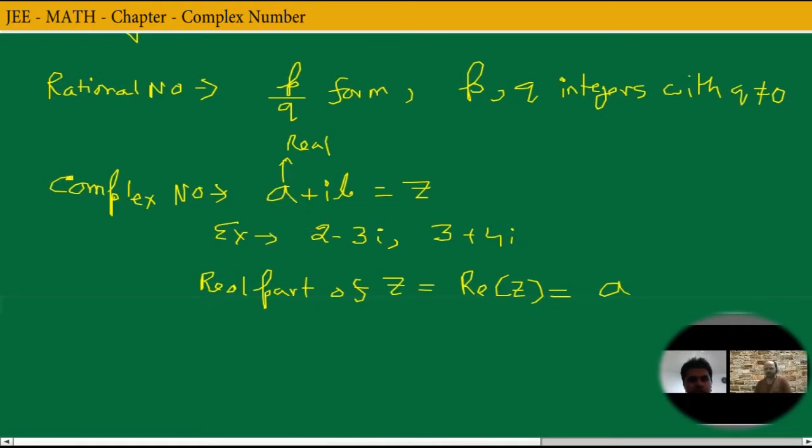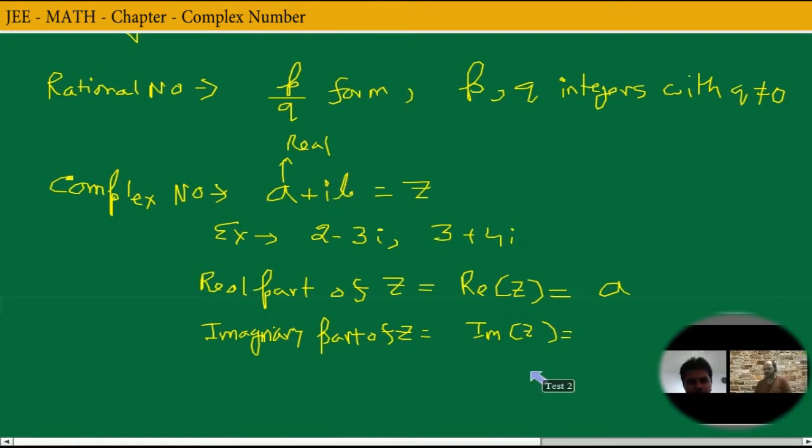And so if I tell you, can you tell me what would be the imaginary part? ib. Yes, so you were almost correct, but I just want to modify your answer. Iota is not required to be included in the imaginary part.